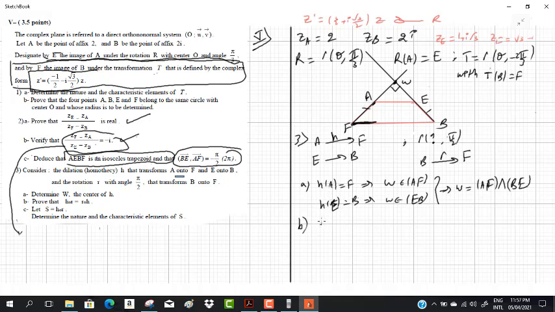I proved that (ZE minus ZA) over (ZF minus ZB) equal minus radical 3 over 3.